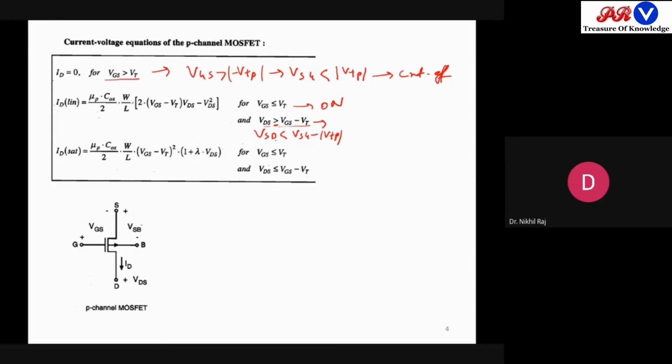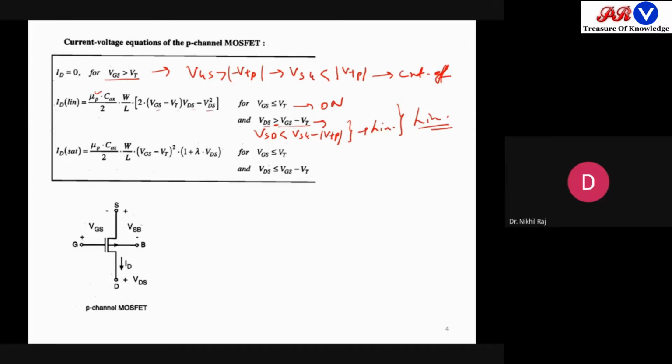Okay, this can also be realized in this fashion. So it shows it is a linear mode. Once it is a linear mode, then it is the same equation, only the suffix changes, mu p, VGS minus VTH, and everything remains the same.